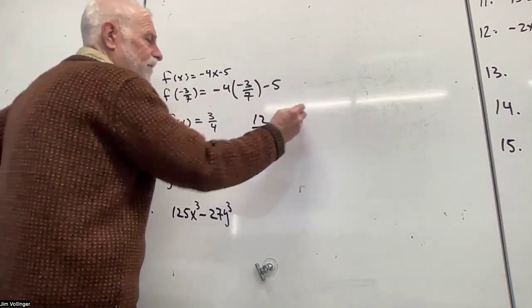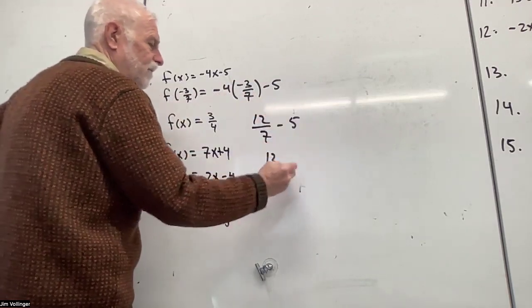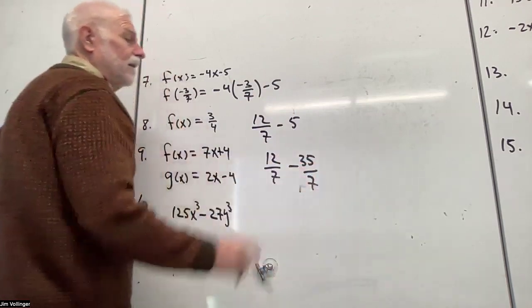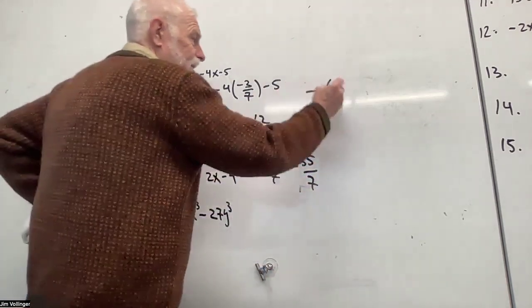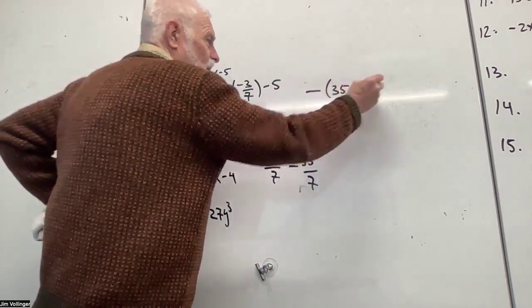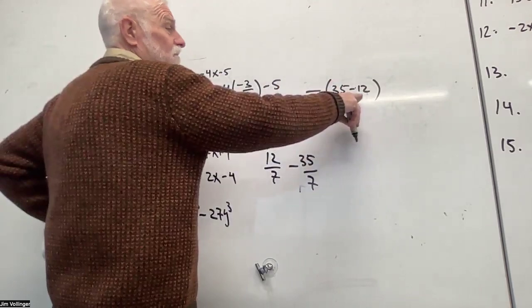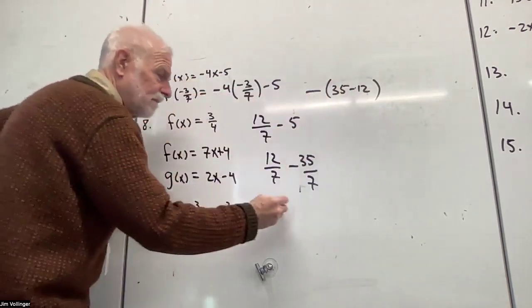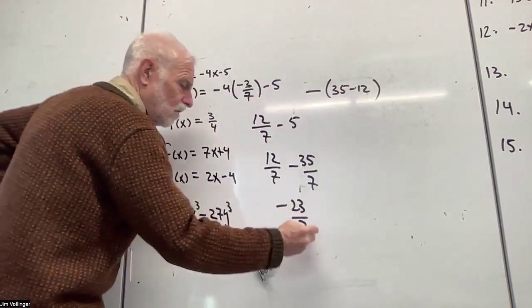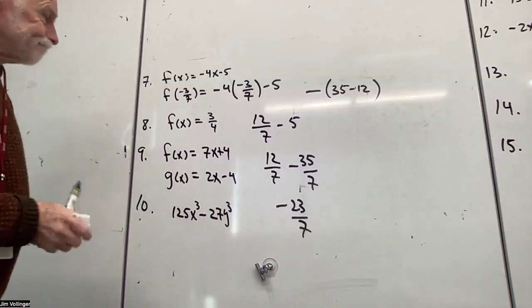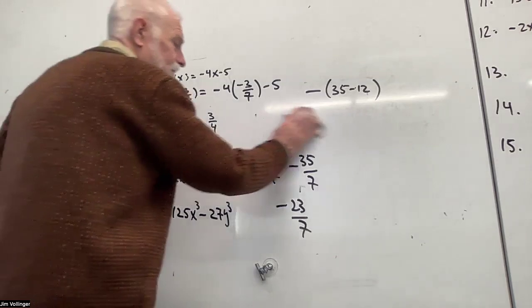And I'm going to subtract 5. So I have 12 sevenths minus 35 sevenths. That's the opposite of 35 minus 12 in the numerator. 35 minus 12 looks to be 23, so it's minus 23 over 7. So a lot of sign errors there. Try to clean them up. Okay, so that's that one.